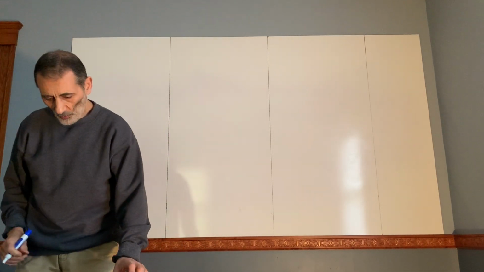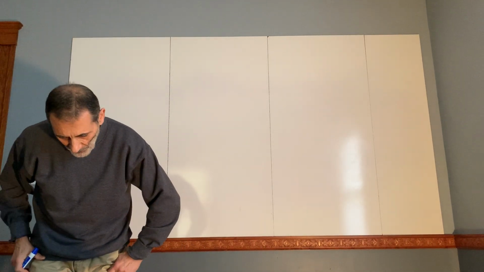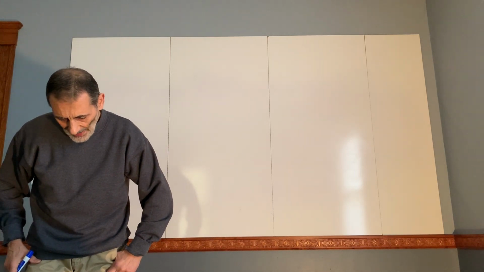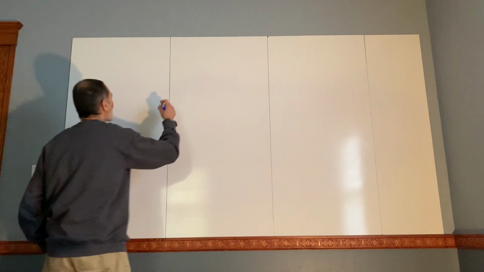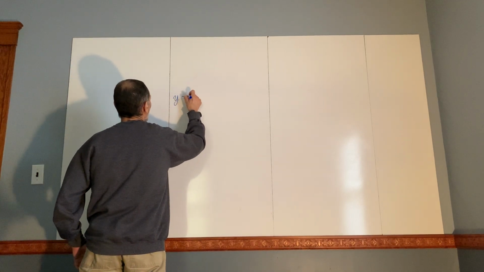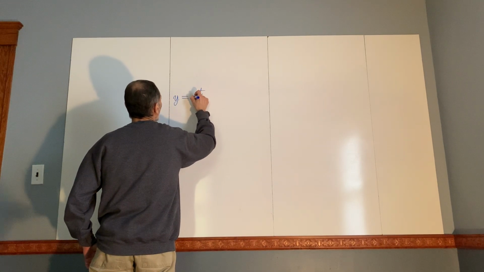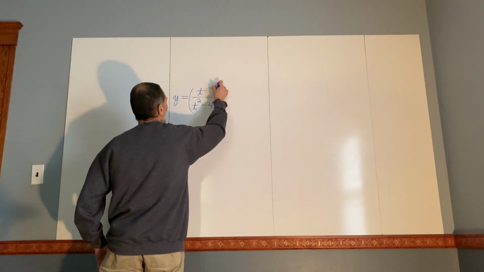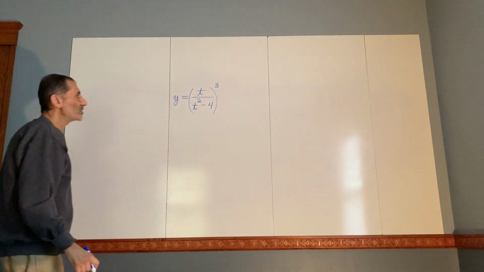And just to get away from x's, for a change we'll use t's. y equals t over t squared minus 4, all cubed.